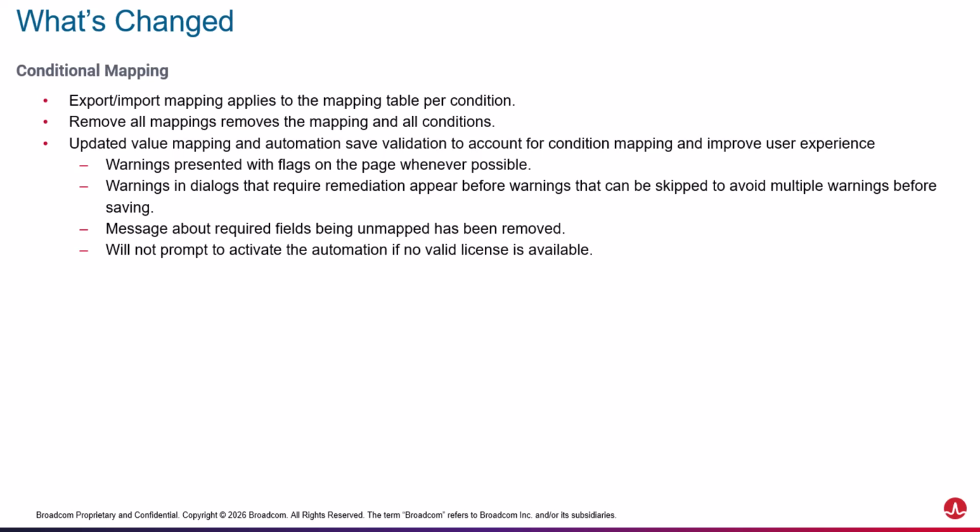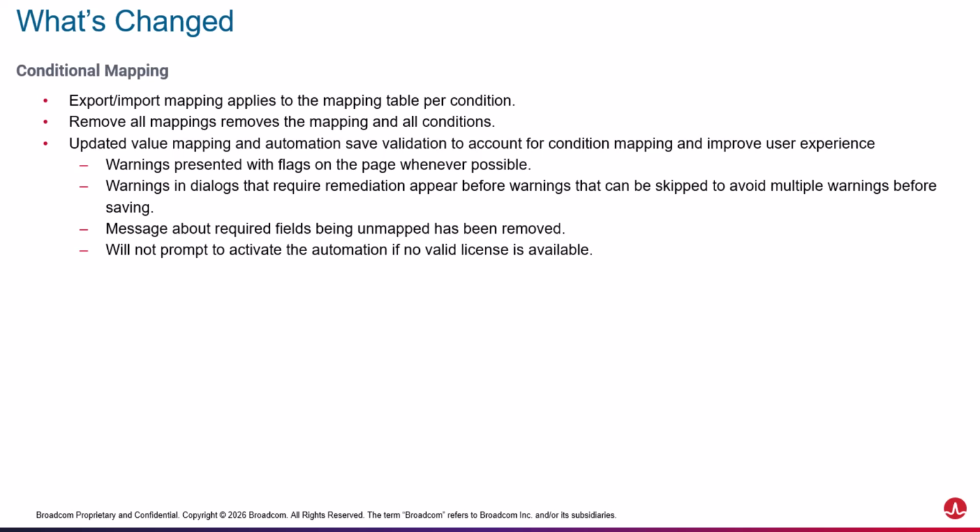We also updated the value mapping validation and automation save validation to account for how conditions impact both of those things. While we were doing it, we made some improvements to the user experience as well. Now any warnings about things that are not allowed are presented on the page rather than in a dialogue, whenever possible.